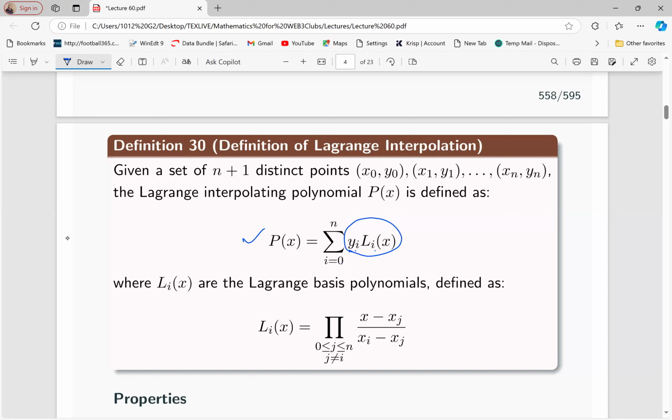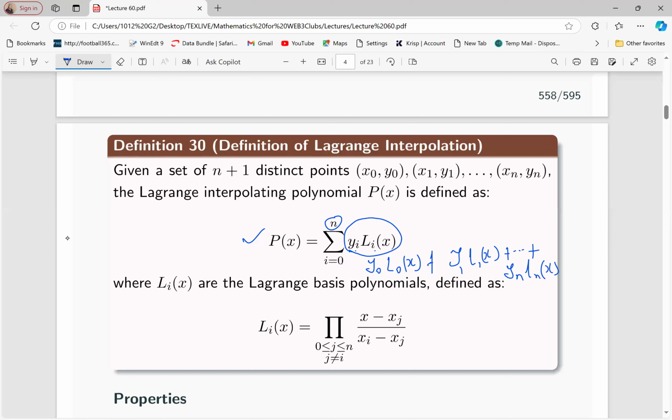What does y_i multiplied by l_i mean? With i from 0 to n, you can have y_0 l_0(x), plus y_1 l_1(x), plus all the way up to y_n l_n(x).